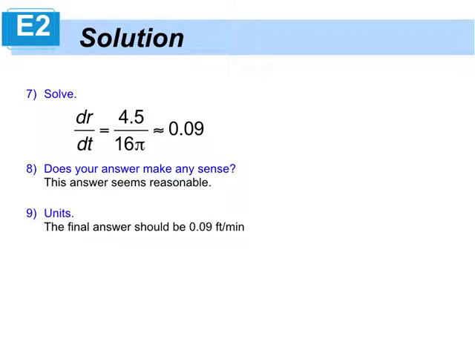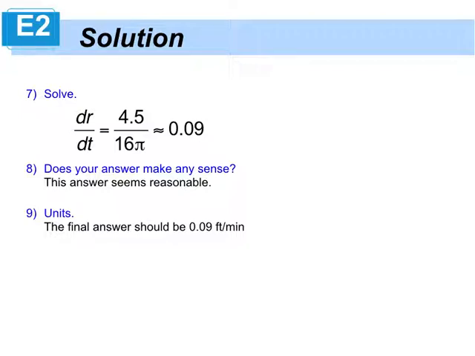Here's the secret to finding units. What did I solve for? Well, I solved for dr/dt. My units need to match what I'm solving for. If I'm solving for volume, my units need to be volume. If I'm solving for the rate of change of the radius, my units have to match. The top is radius: what units was our radius in?